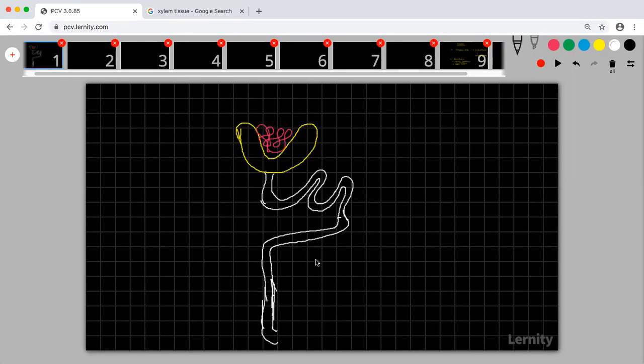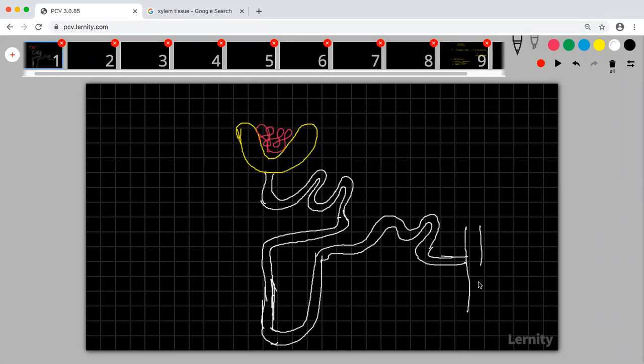And again, you have the Henle's loop. And then you have your distal convoluted tubule. And finally, you have your collecting duct. So whatever is coming out of this glomerulus into this area, we call it the glomerular filtrate.